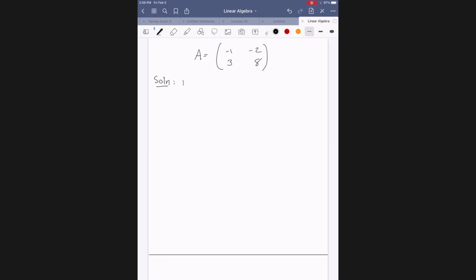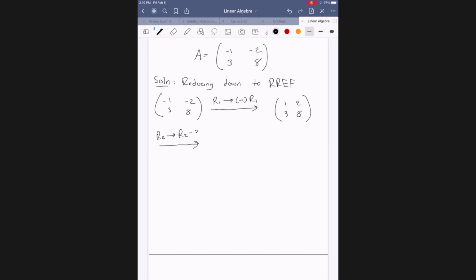So reducing down to RREF. You start off. Let's make that first one into just positive one, so you get 1, 2, 3, 8. Let's get rid of 3. So row 2 minus 3 row 1.